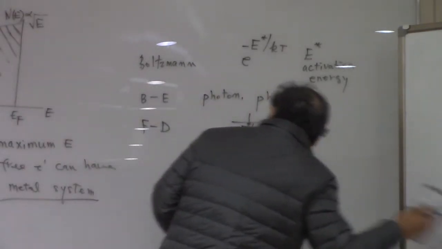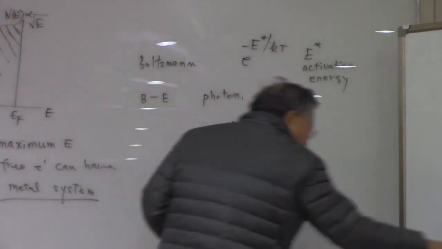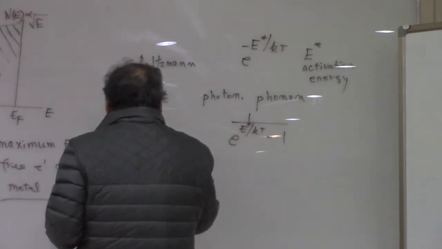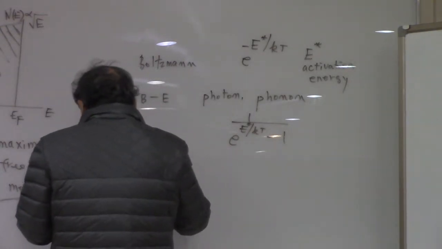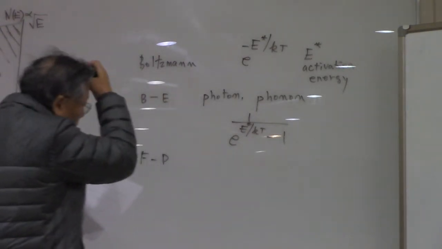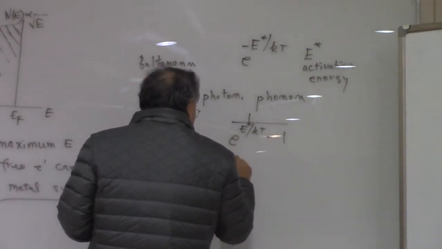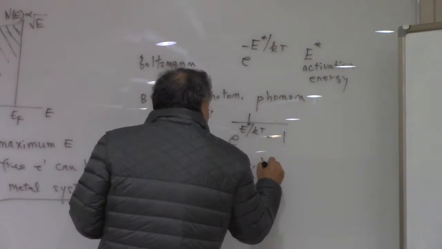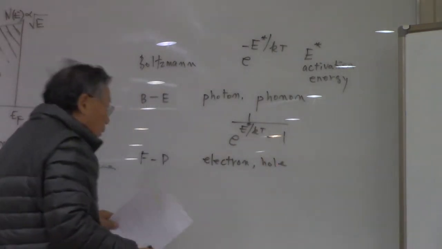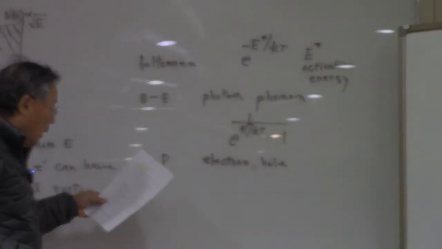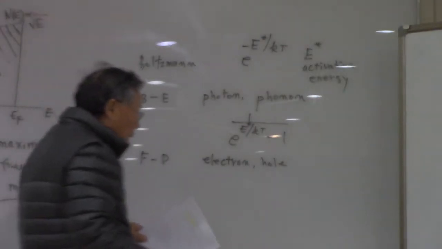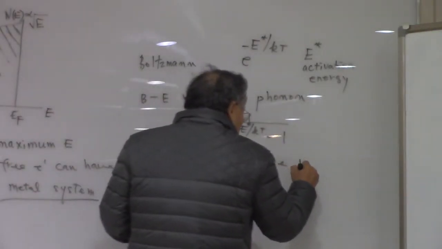Now, the Fermi-Dirac statistics has to be applied to the electrons, electron and hole, and a proton.